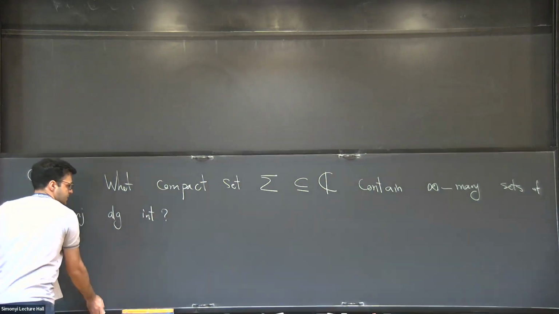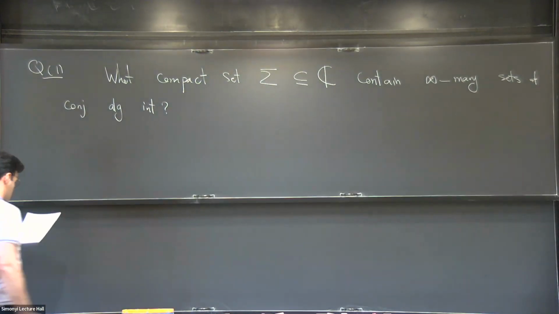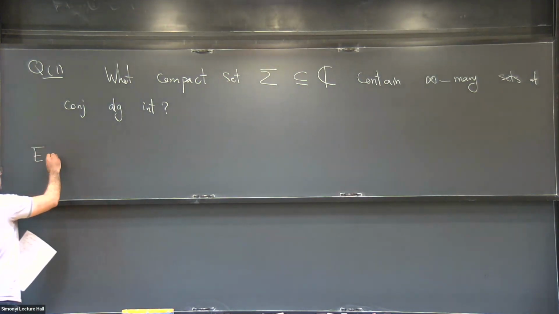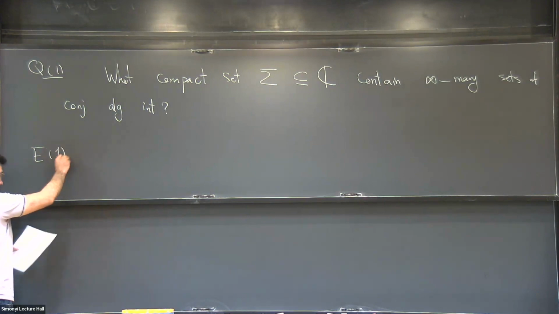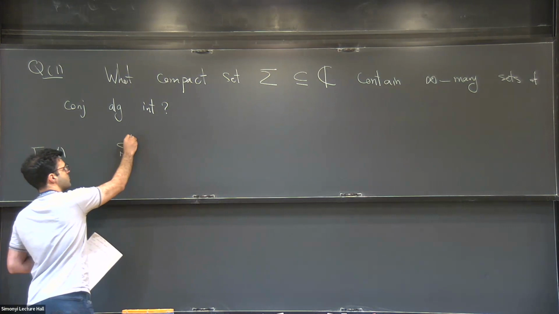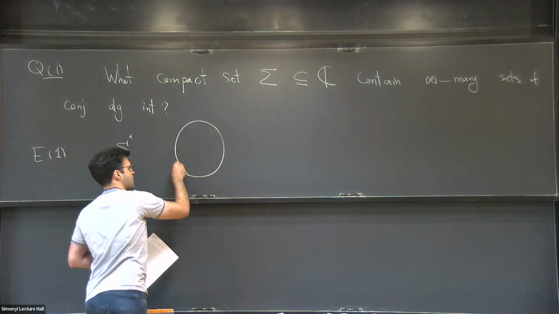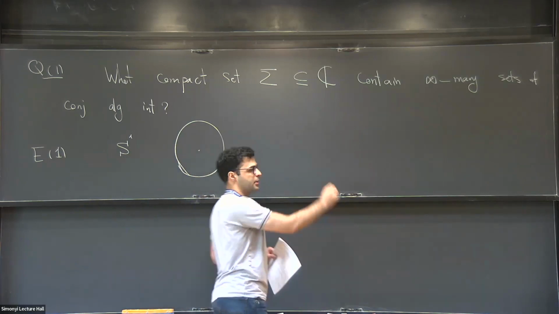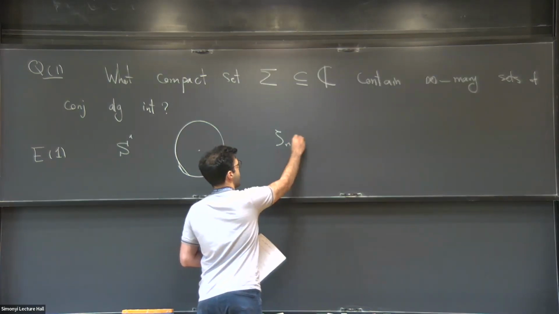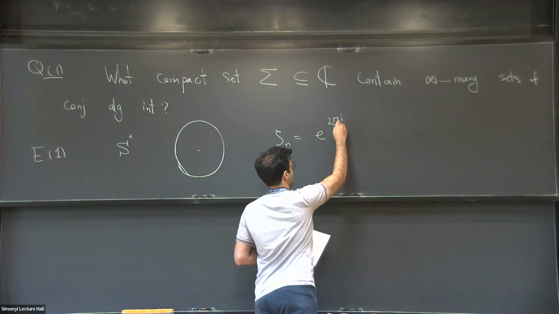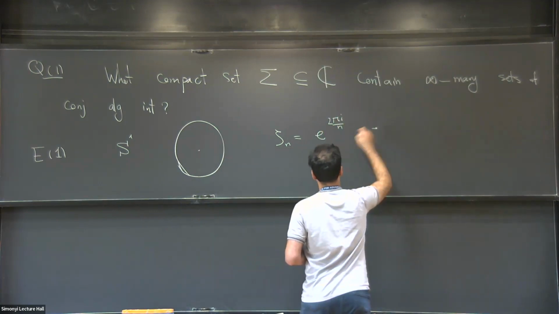For example, I'm going to give you 2 examples which are extreme. Example number 1 is the unit circle S1, and it contains infinitely many sets of conjugate algebraic integers, the roots of unity and their conjugates.